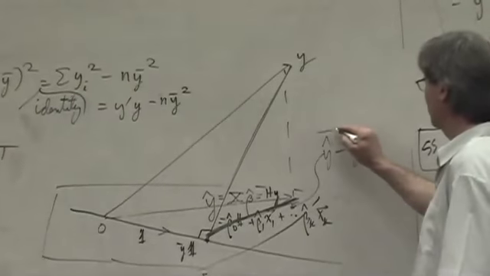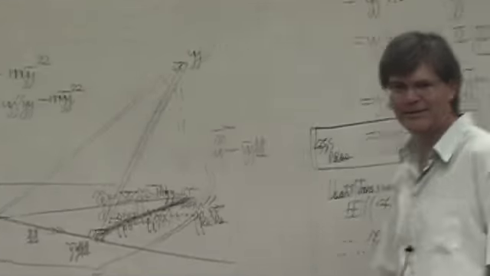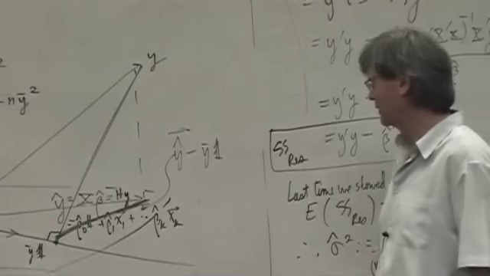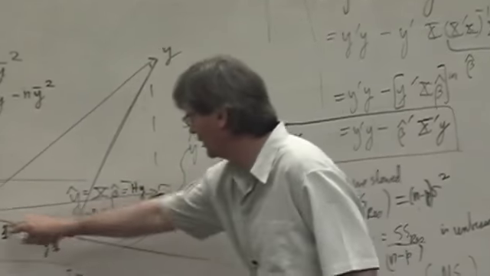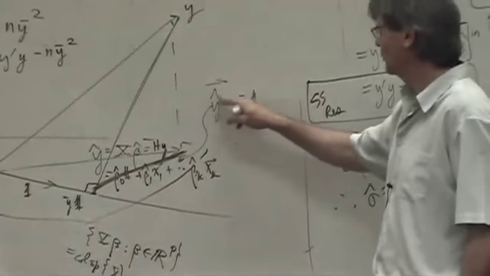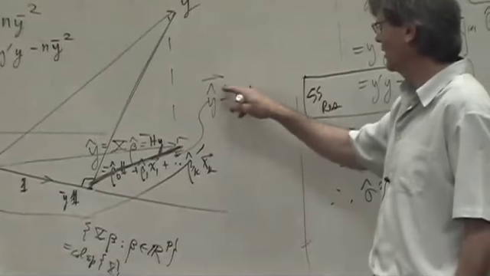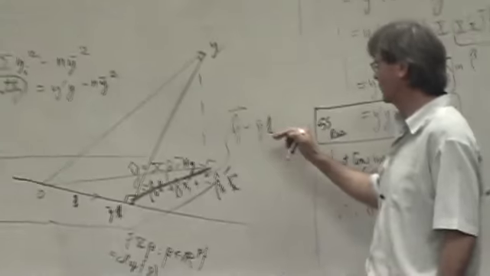I could put an arrow over this y hat to make sure it's a vector, this n by 1 vector. So it's this vector in this plane minus this simple adjustment.